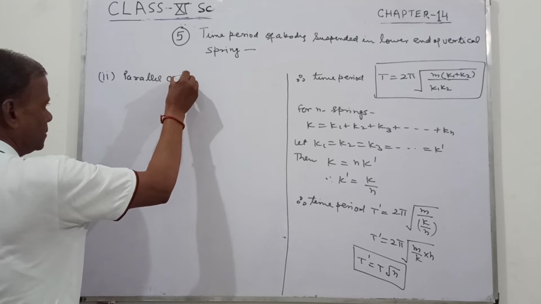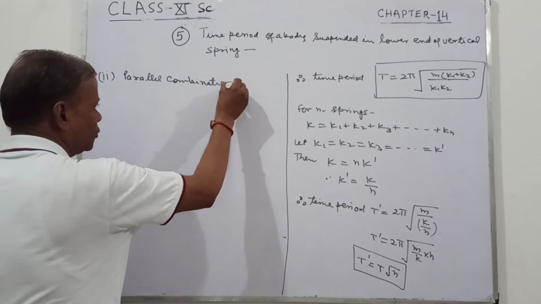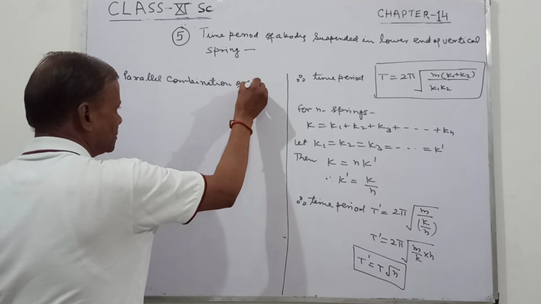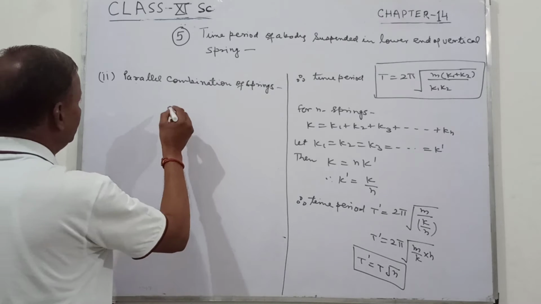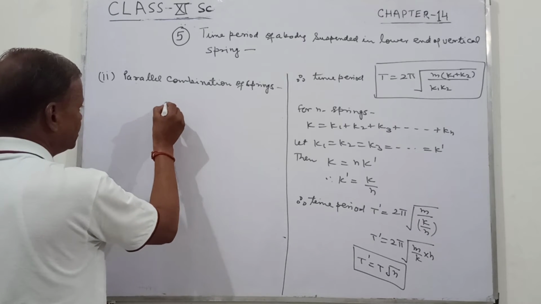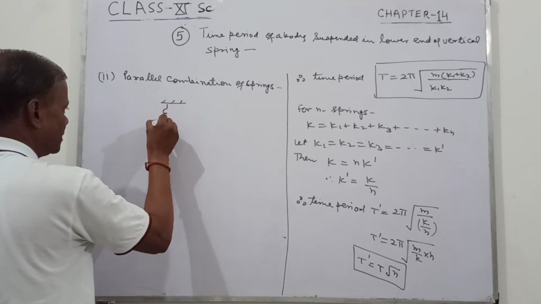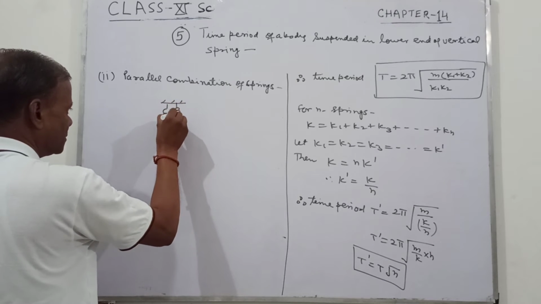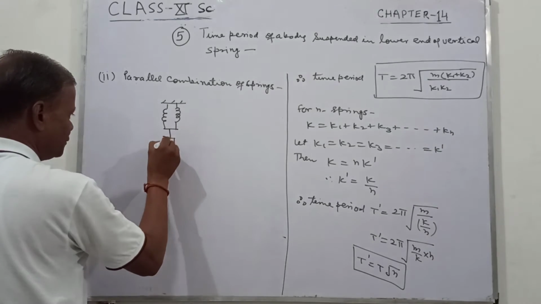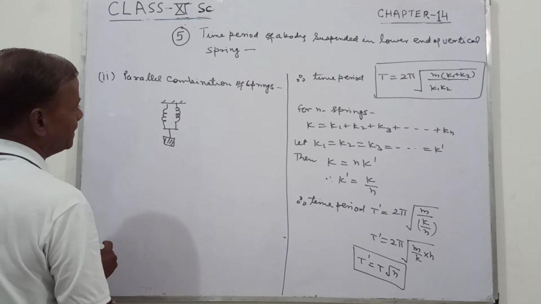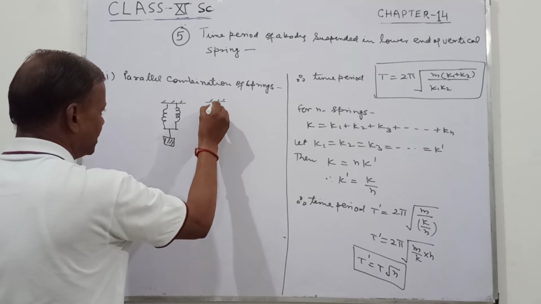Parallel combination of springs. Now in parallel combination is what, that if we have the spring suppose like this, and this is a single mass which is attached to this one, or we have the spring like this.